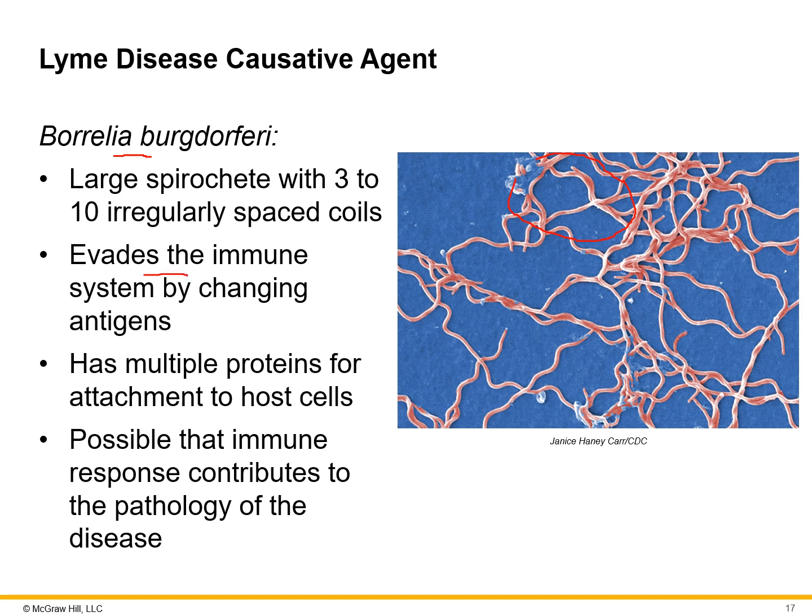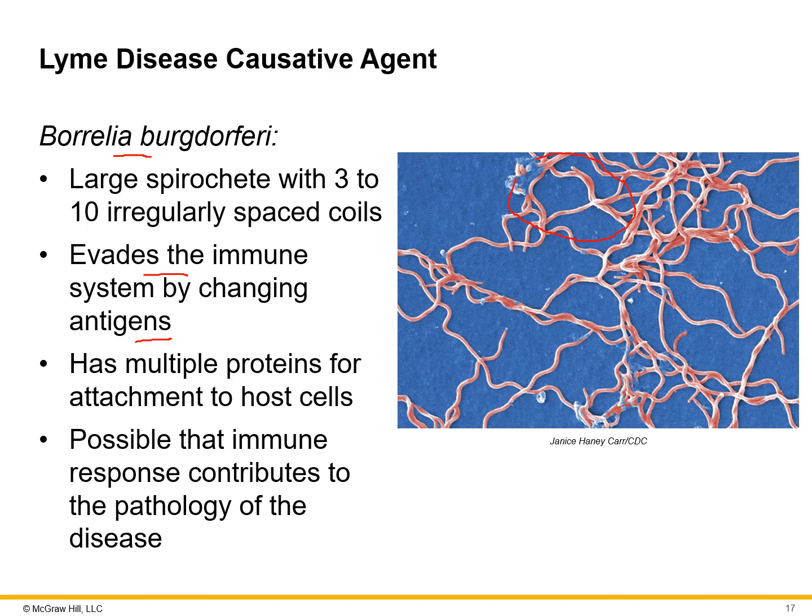It evades the immune system by changing its antigens. Again, antigen is what our antibodies recognize. So if it can change those antigens, it is no longer recognized by our antibodies.